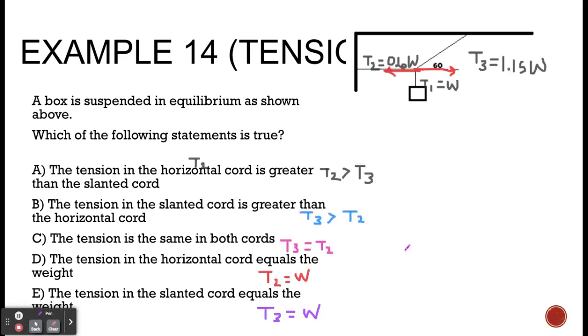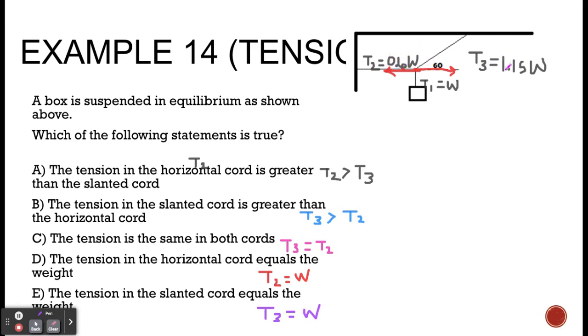Okay, so if we connect this to the last example question we looked at, the vertical cord, T1, is equal to the weight. The horizontal cord can only be equal to the x component of T3. So T2 is going to be smaller than T3. It's about 0.6 times the object's weight.